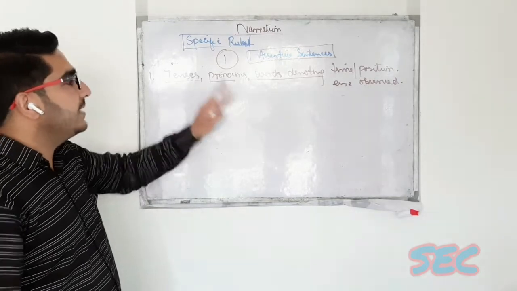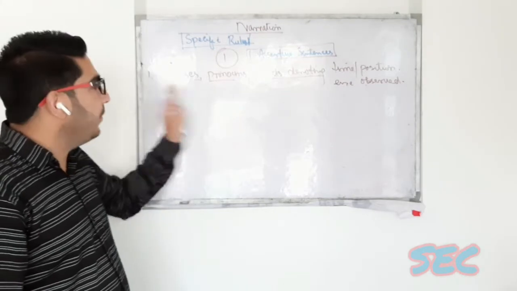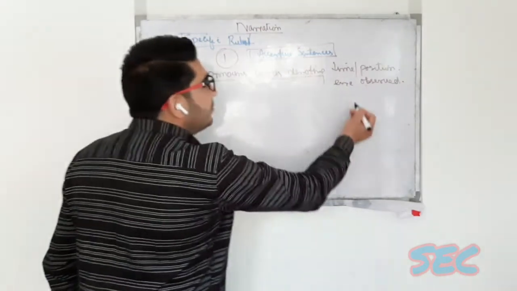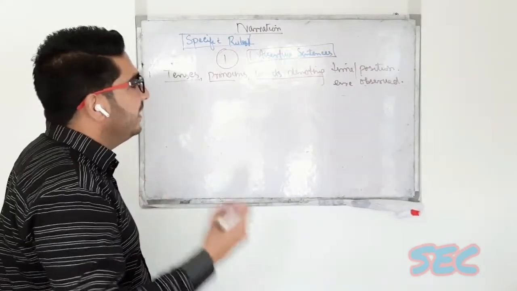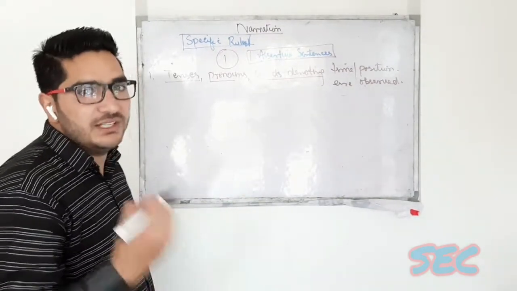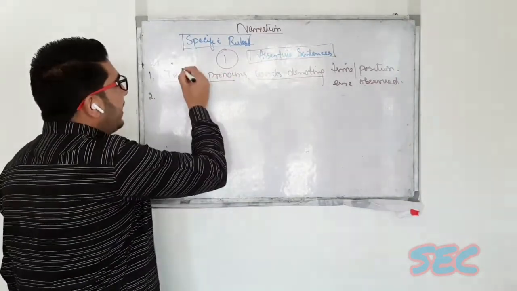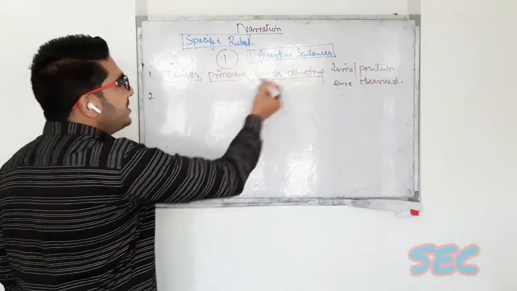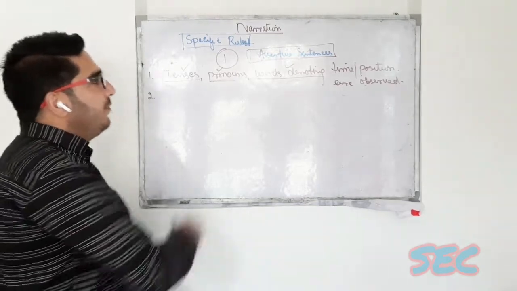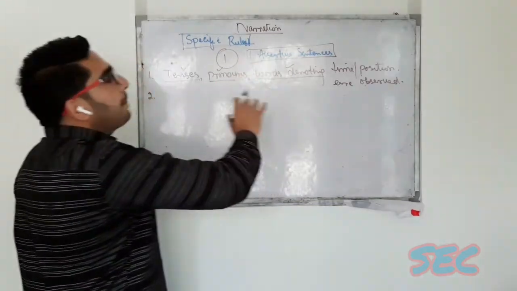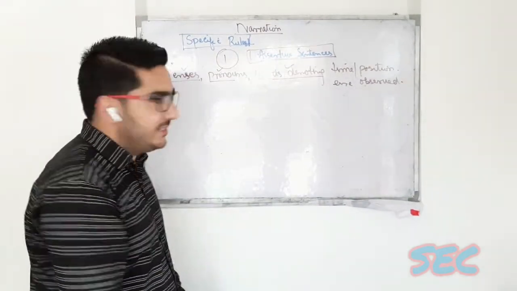So that is why I combined all these rules and wrote them under point 1, because we have been discussing these rules for the last 2 or 3 days. First rule is that tenses change, pronouns change, and words denoting nearness also change when we change direct speech into indirect speech that contains assertive sentences.